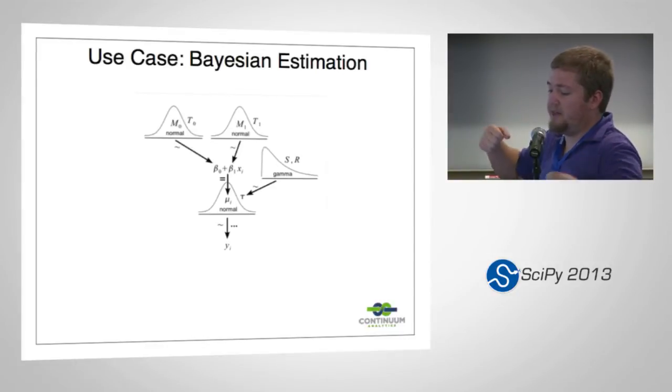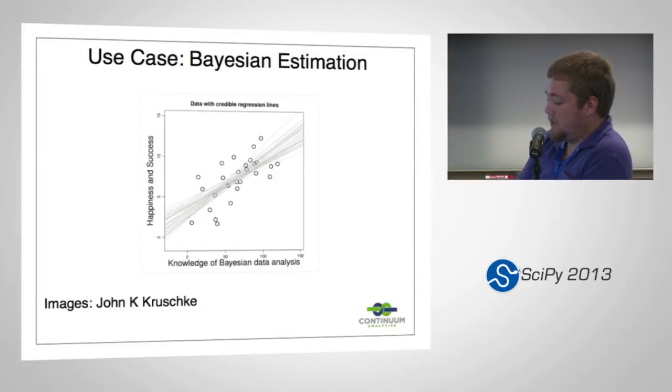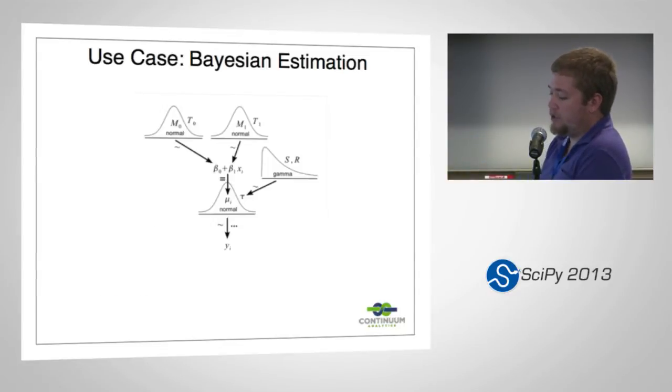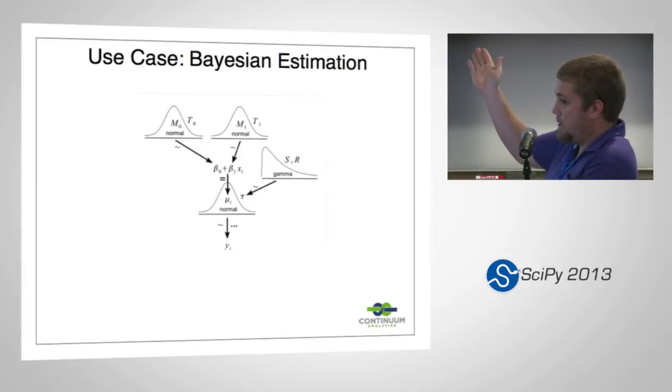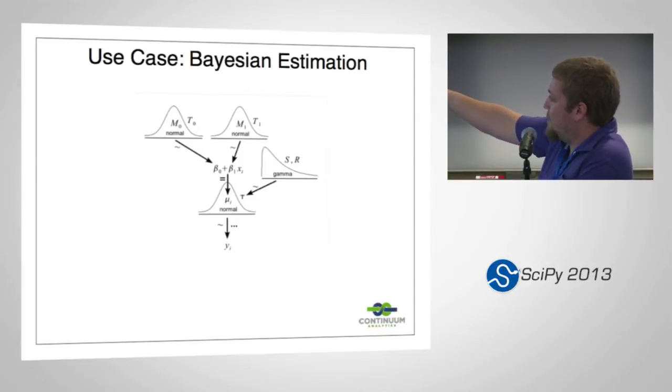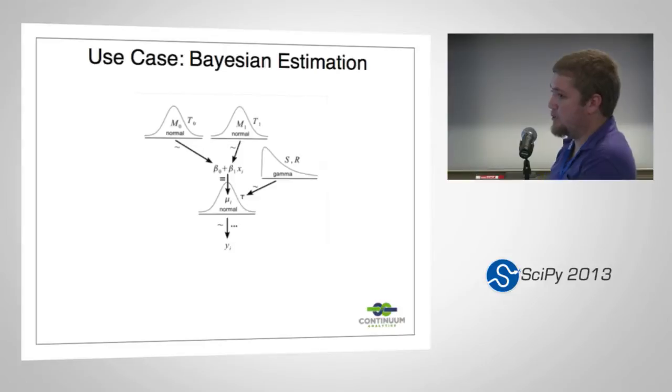We say we believe that these parameters are normally distributed, and our data, this y_i at the bottom, which would be the actual dots here, we're saying those are also normally distributed, and the parameters for that normal distribution are that line that gives the middle of that normal distribution and the width. So it's tau here, but it's just the inverse of standard deviation, and that tau is given by a gamma distribution.